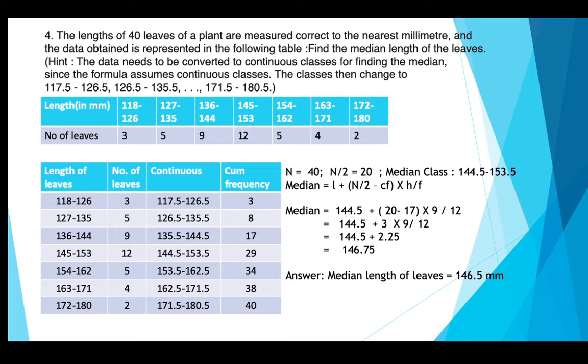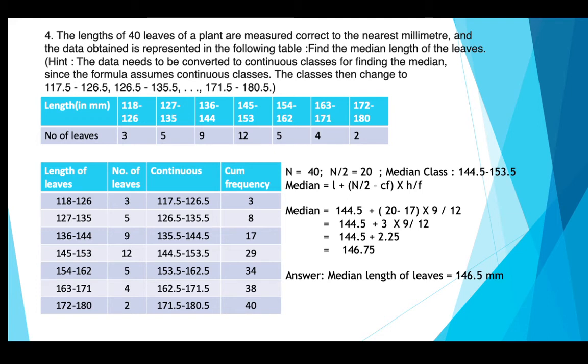So n is equal to 40, n by 2 is 20. Now we have to get the median class. Look at the cumulative frequency. 17 is less than 20, but 29 is more than 20. So 144.5 to 153.5 is the median class. You calculate the median using the formula, and it is very simple.